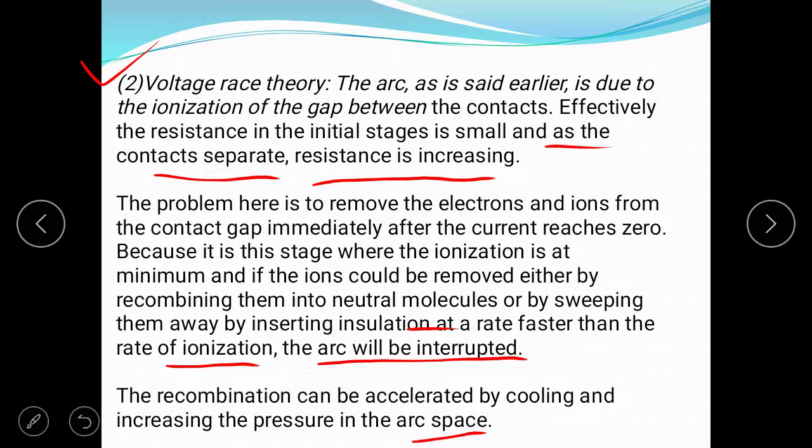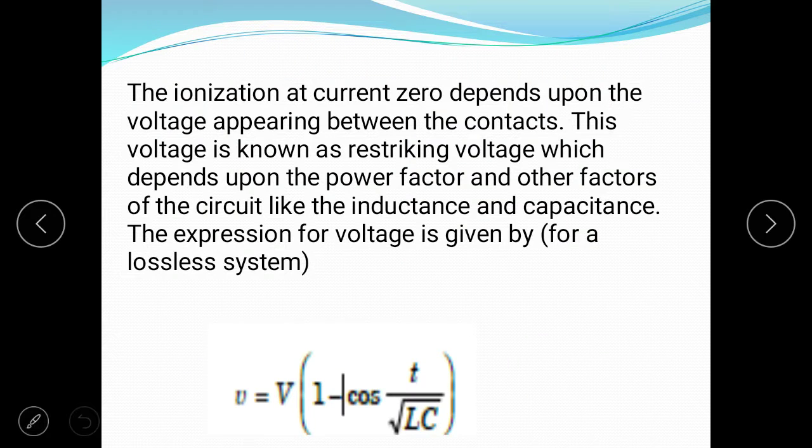Cooling means we have to provide a cooling medium between the contacts of the gap, which can be achieved by passing a gas or air at high pressure between the contact gaps, so that ionizing particles are removed from the gap and new deionized particles come between the contact gaps, so that the arc is unable to restrike. This is the statement of the voltage range theory.